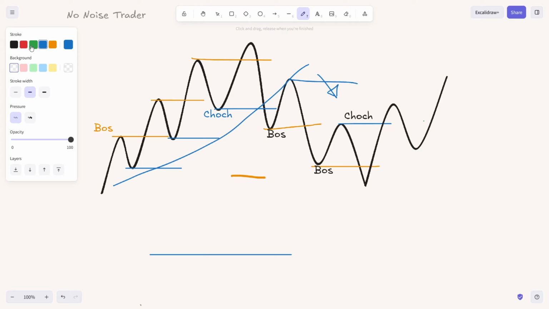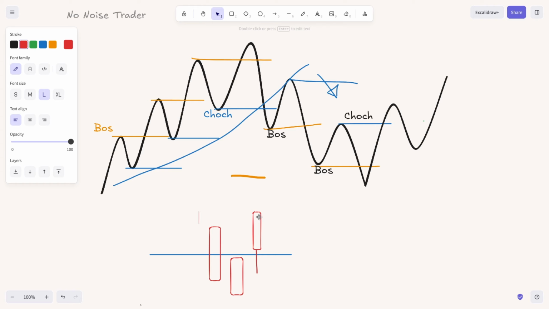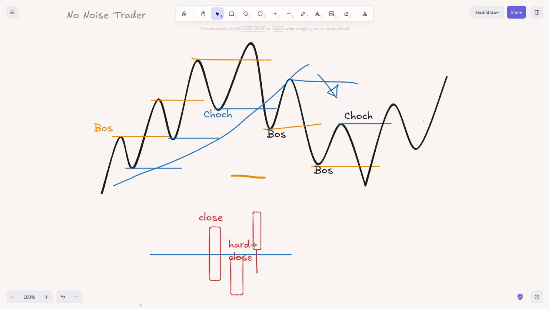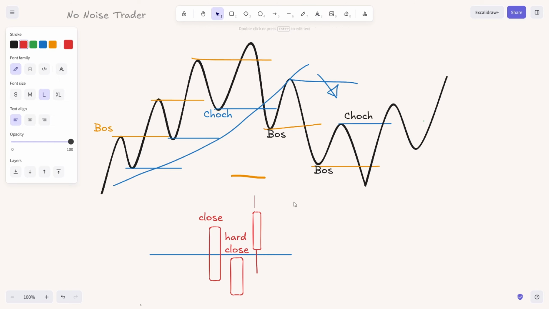Let's choose the red for breaks. So we have a break with a close. We have a break with a hard close. And we have a break with a wick.